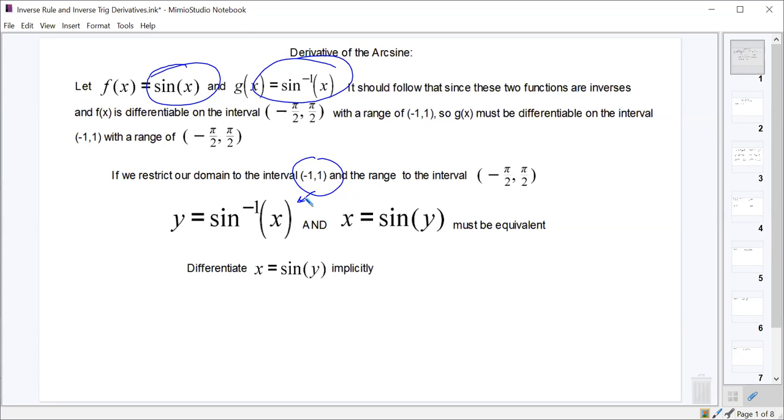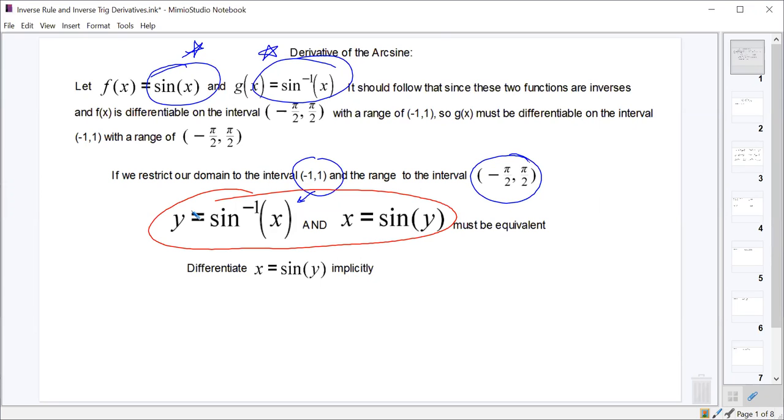Everybody is hopefully familiar with inverse sine, right? You plug in a number between negative 1 and 1, and the output of inverse sine is just the angle, and that angle is always between negative pi over 2 and pi over 2. Okay. So if all of this is true, and if sine x and inverse sine of x are inverses of each other, then I should be able to say that these two statements, these two equations, are equivalent equations.